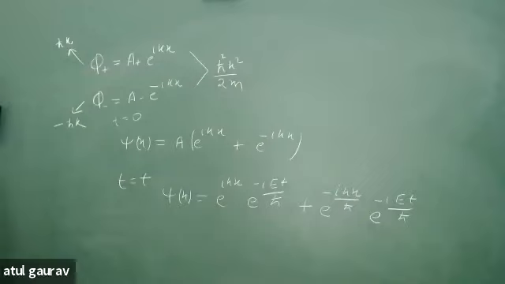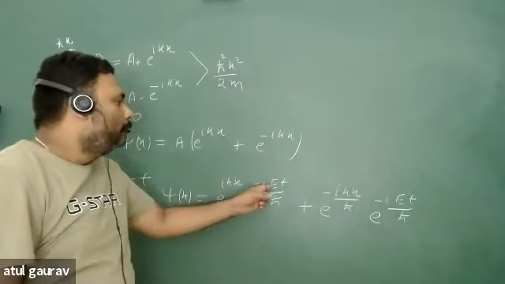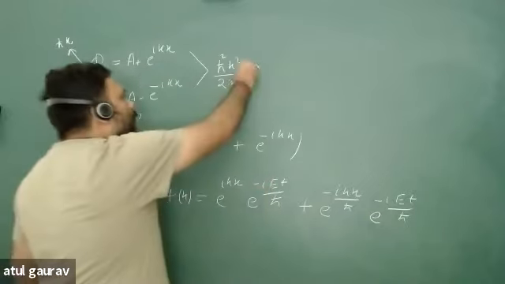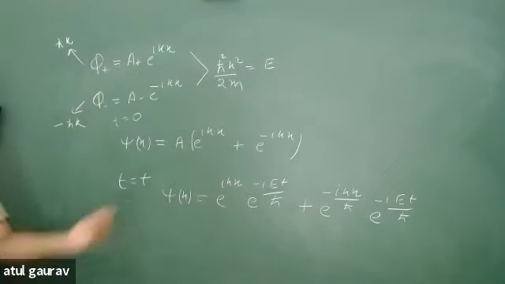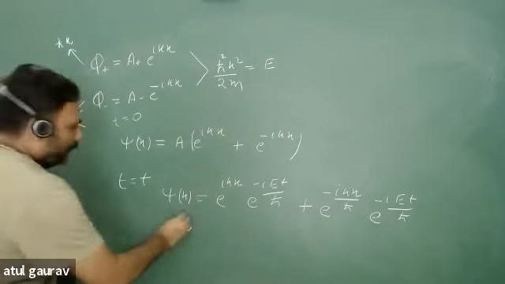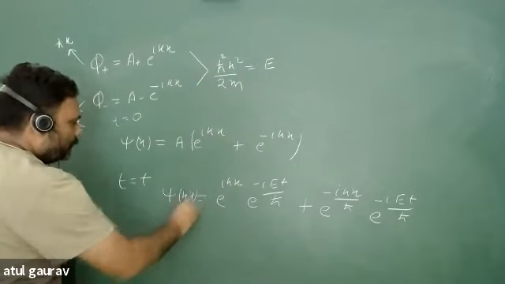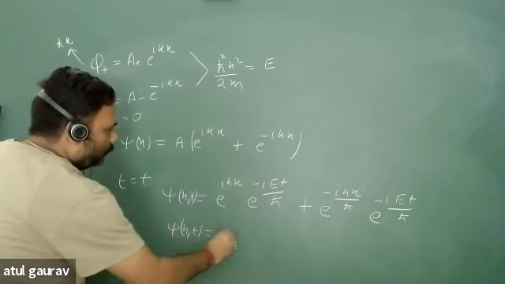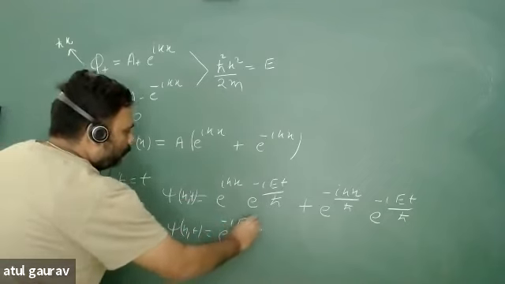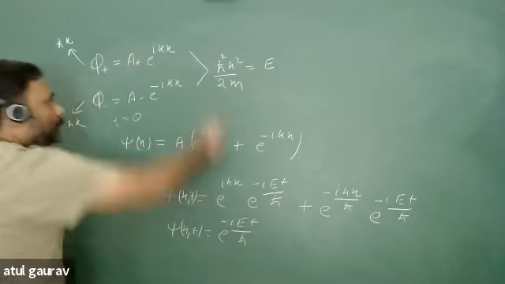Isn't it? So we are very fortunate. And what is the value of E? The value of E is h cut square k square upon 2m. I am just using E here. So what is psi x t? Psi x t is something like e to the power minus iEt upon h cut times e to the power ikx plus e to the power minus ikx.